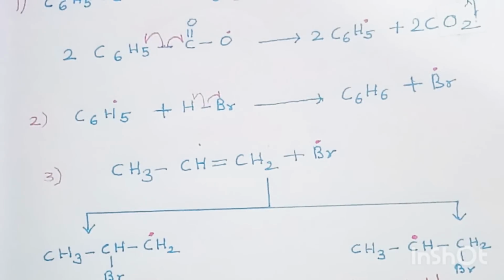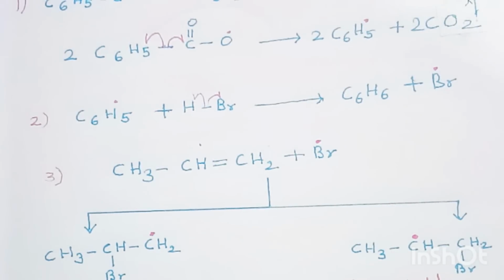This primary free radical attacks hydrogen bromide. As a result, hydrogen bromide splits into bromine radical and H radical. This H radical will get attached to the second carbon radical. So as a result, we get CH3CH2CH2Br.